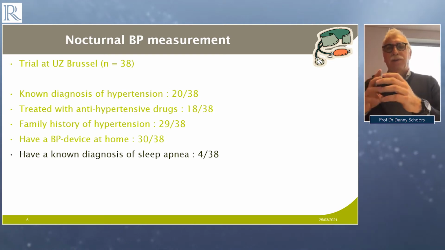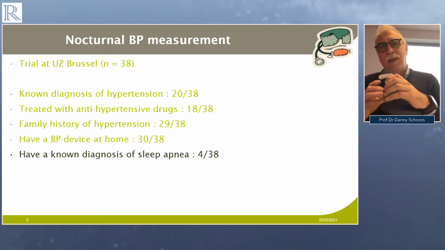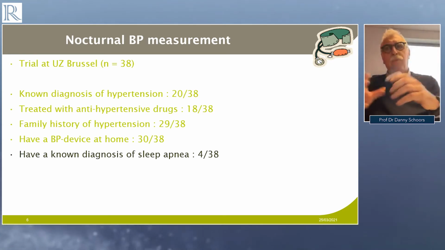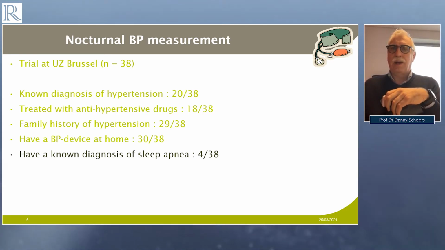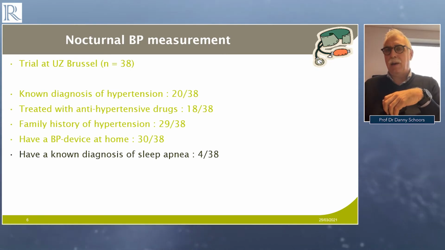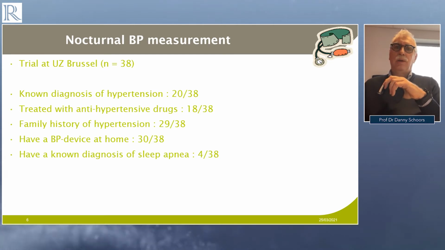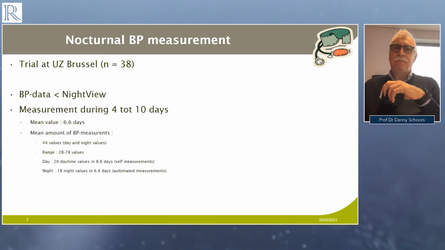So we asked these 38 patients if they had a known diagnosis of sleep apnea, and there were just a few, 4 of them, who had a known diagnosis of sleep apnea and were treated with night CPAP. So very few of the patients had a known history of sleep apnea.